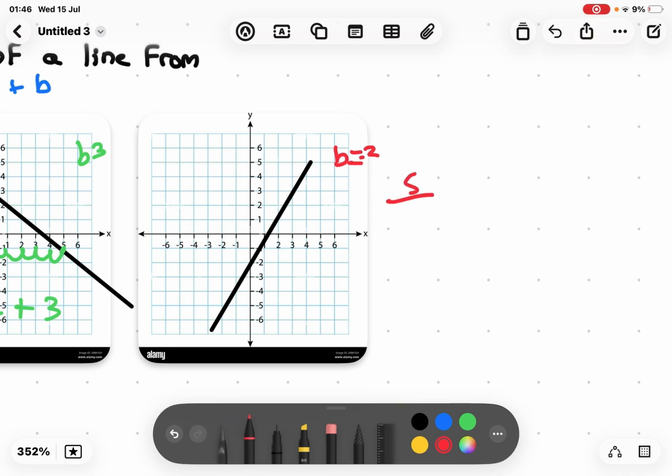It was 5 over 3. So the points here and the point here, so x is 0 and 2.